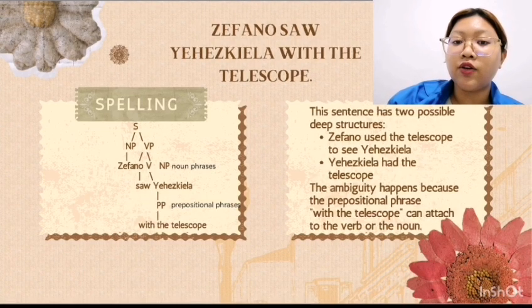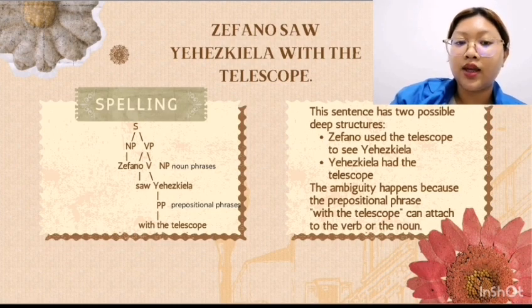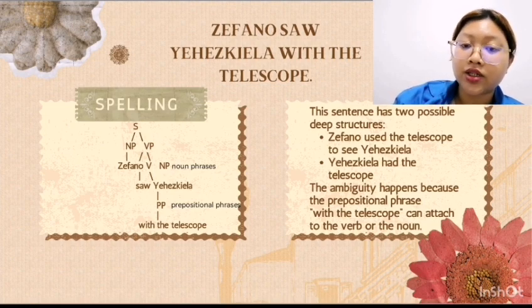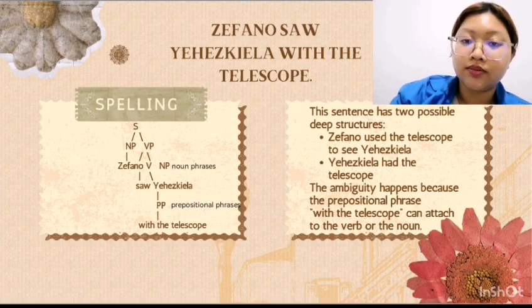Number 3: Zephano saw Yehezkiel with the telescope. In the tree, first we have the subject, a noun phrase, and the verb phrase. The noun phrase is Zephano, the verb is saw, and the noun phrase is Yehezkiel, and Yehezkiel has the prepositional phrase with the telescope.